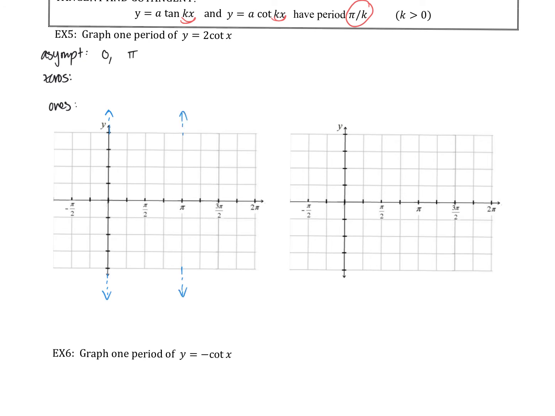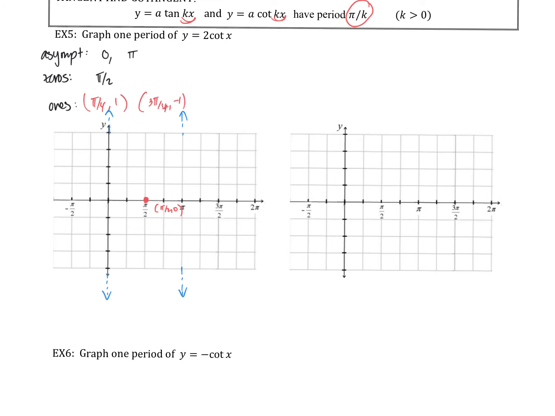Next thing we had were the zeros, and the zeros were at just pi over 2. So we have pi over 2, 0. Next, we have the ones, and the ones were at pi over 4, positive 1, and then at 3 pi over 4, negative 1.